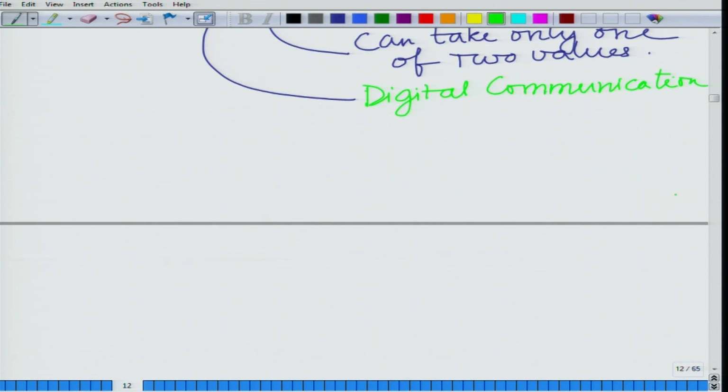Now, yet another classification of signals can be real and complex signals.